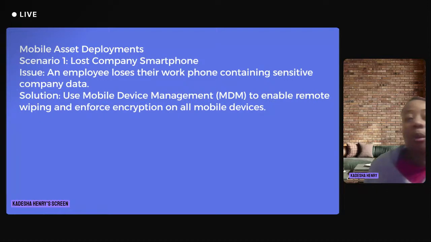So that is the mobile deployment scenario. Do you understand that concept of mobile device management?